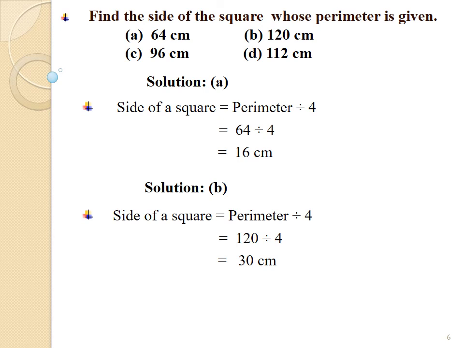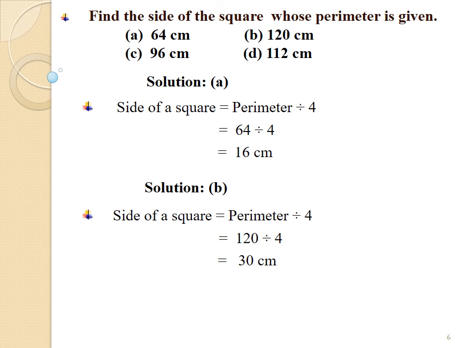Thus, side of a square equals perimeter divided by 4. Students, you have to remember this formula in order to find out the side of a square when perimeter is given. So now, let us solve question number 3 and find out the side of a square.